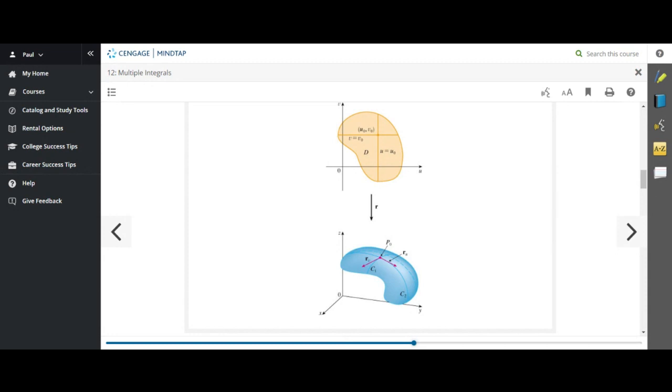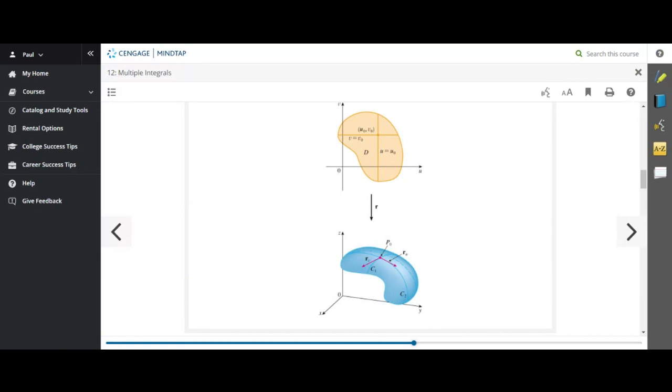If you hold the u constant, you'll get the space curve C1, and then r sub v is the tangent vector to that space curve at the point P sub 0. If you were to hold the v constant, you would get space curve C2, and the vector r sub u would be the derivative vector of that, and it'd be a tangent vector.